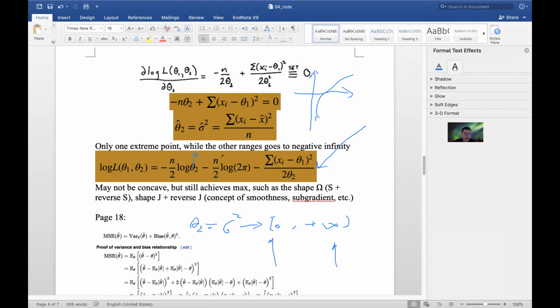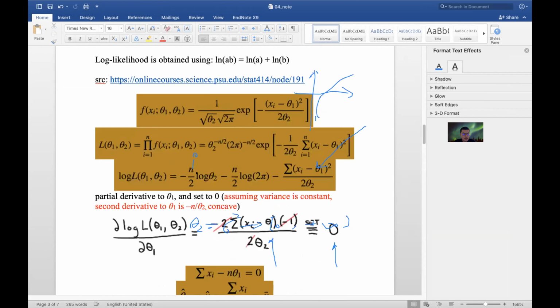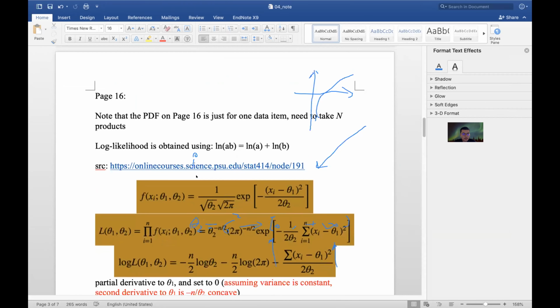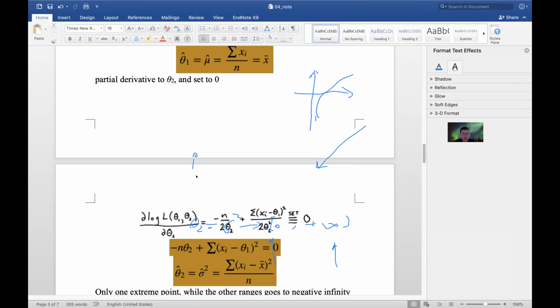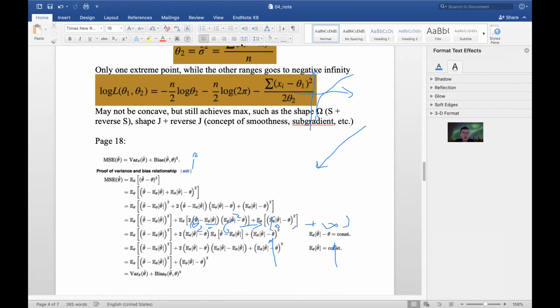So basically this value is negative infinity, but this is infinity. But actually this dominates, because this is kind of like exponential, so it's jumping fast. This dominates.